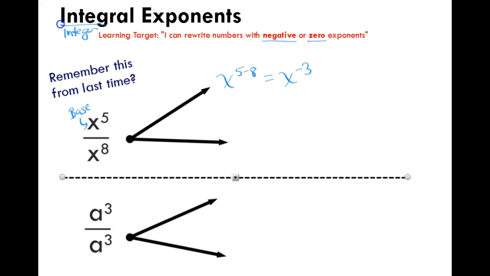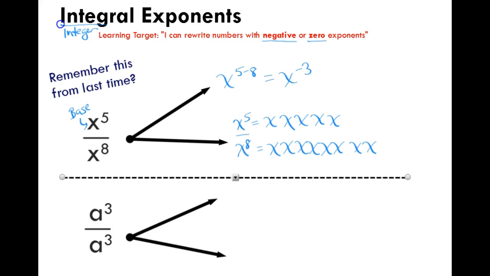But before we talk about what that really is, we're going to look at a different way of solving it, which is the expanded form. So x to the 5th is the same as x multiplied 5 times. And then x to the 8th is the same as 8 x's. Starts to look like a weird pattern here. 1, 2, 3, 4, 5, 6, 7, 8.